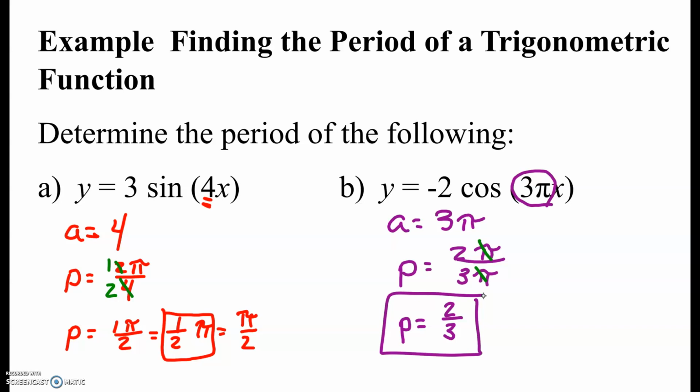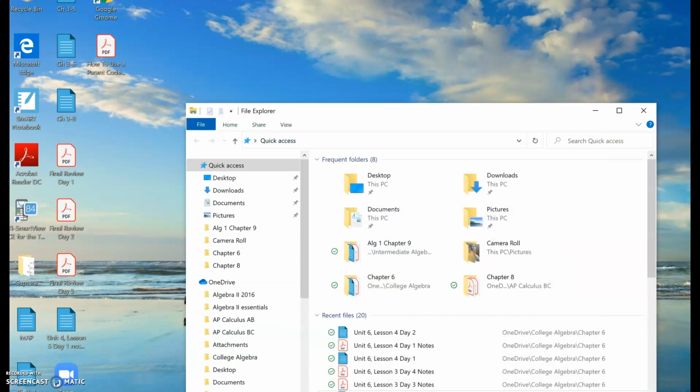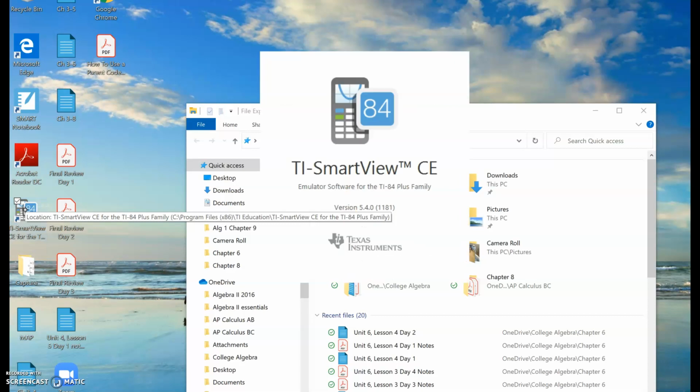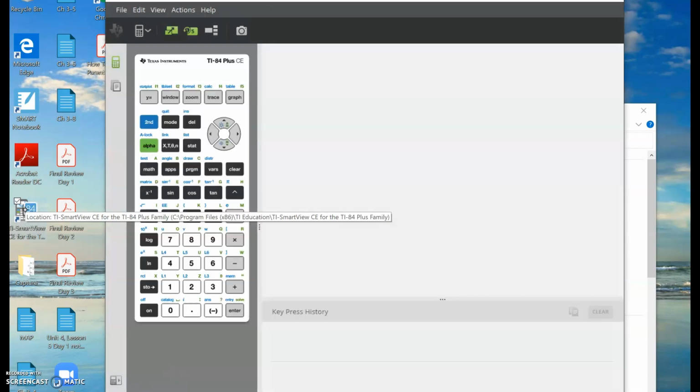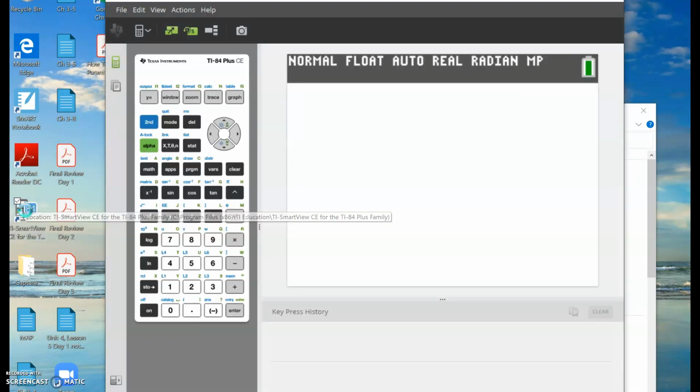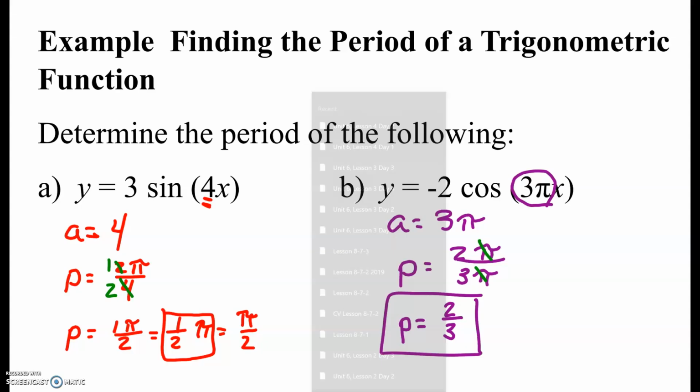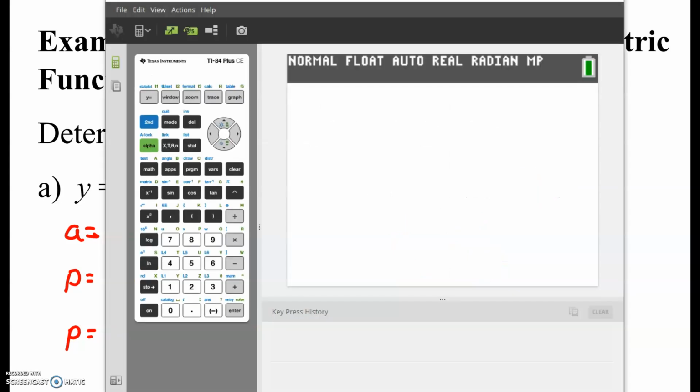Just to show you what that means, let's graph the second one on our graphing calculator. So y equals negative 2 cosine 3 pi x.